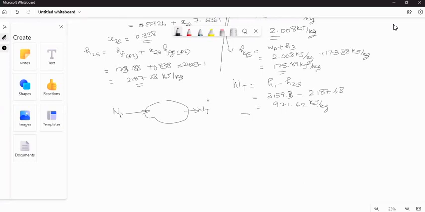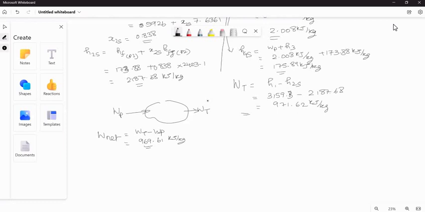That work you have to reduce from the turbine work. Then only can you calculate net work output. So W net is actually WT minus WP. Then you will have the value, now you can calculate and see 61 kilojoule per kilogram, right? So net work out. Then you can see heat supplied, heat rejected.